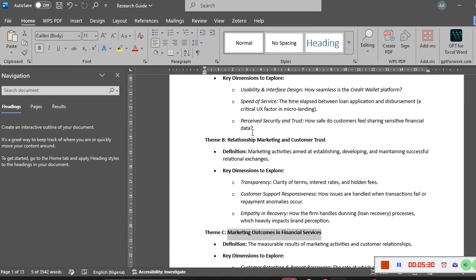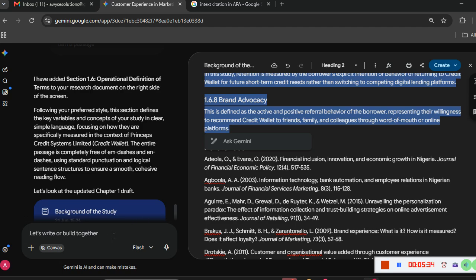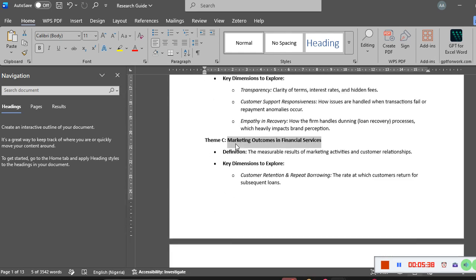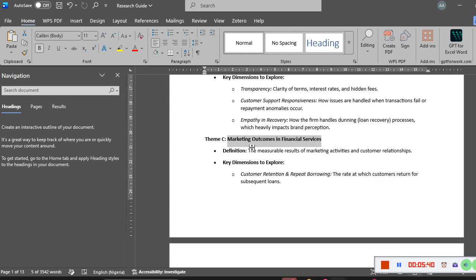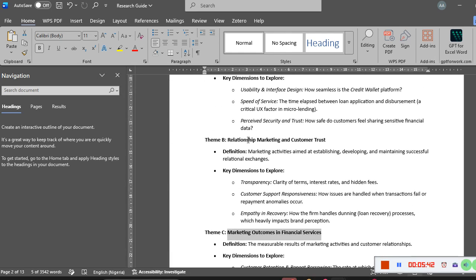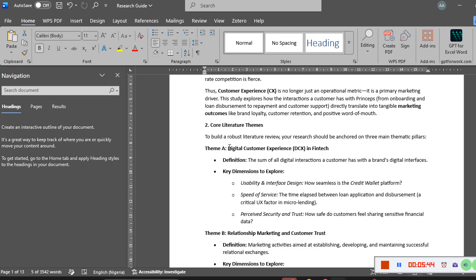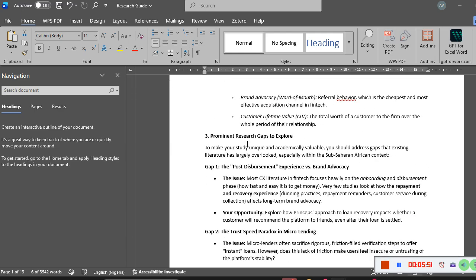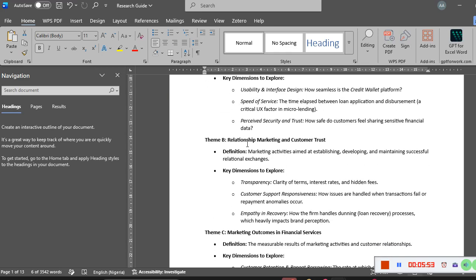So I want to perform a tweak, and let's interact with our AI once again. The themes that are here would also form our empirical review passage. When we get there, we would dissect that.